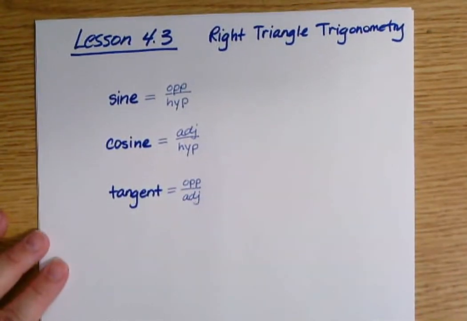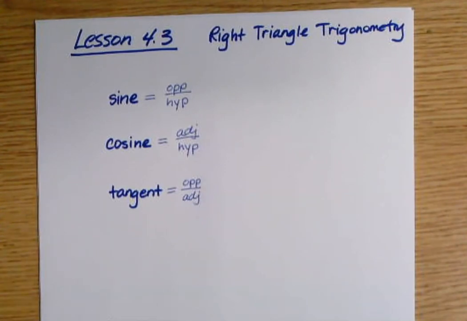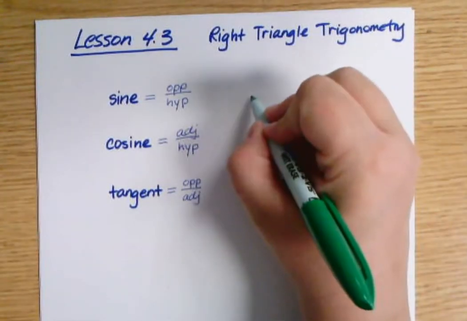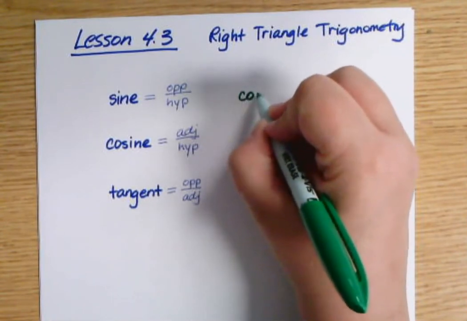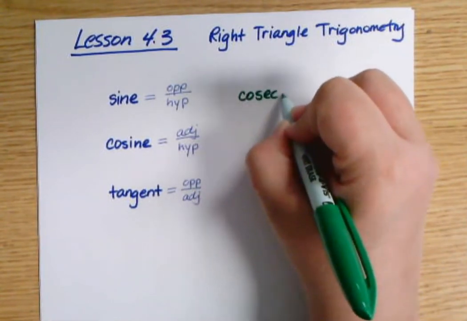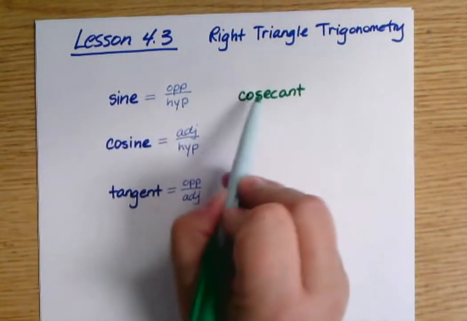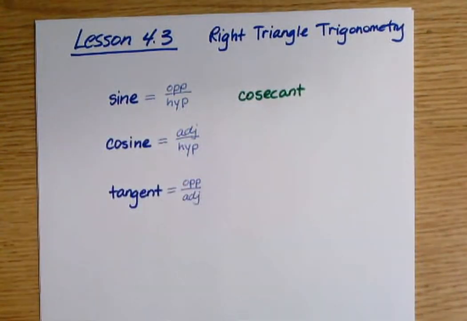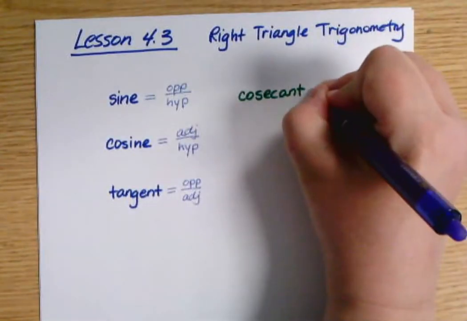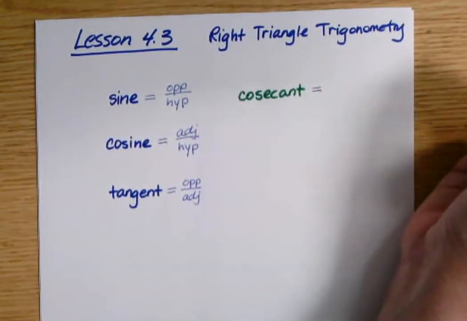Okay, so now there are 3 others, and they kind of go with these in terms of reciprocals. The first one is the cosecant. I'm saying that it's first because it is the reciprocal of the sine. Reciprocal means flip it upside down, right?